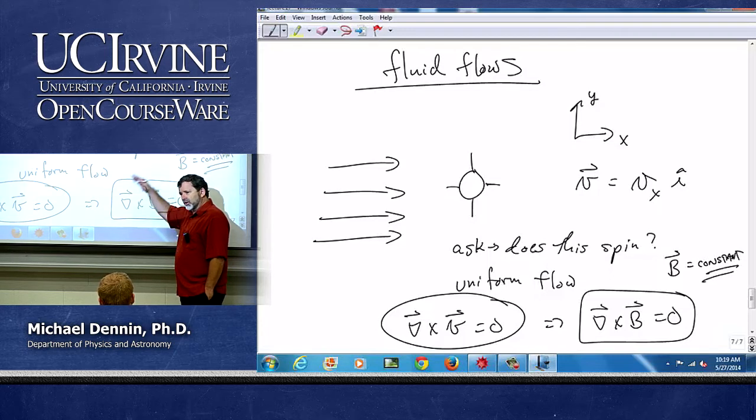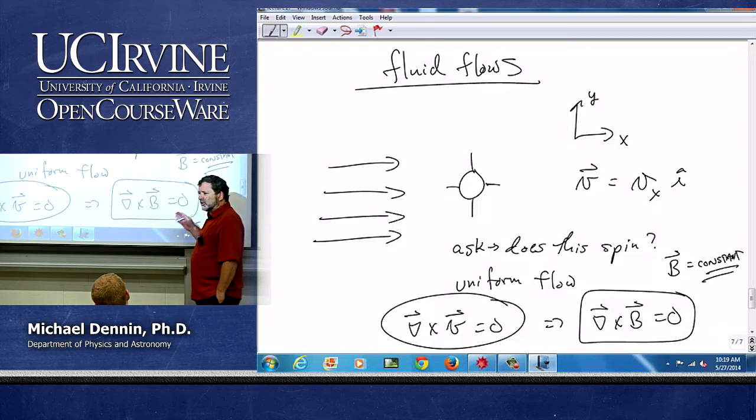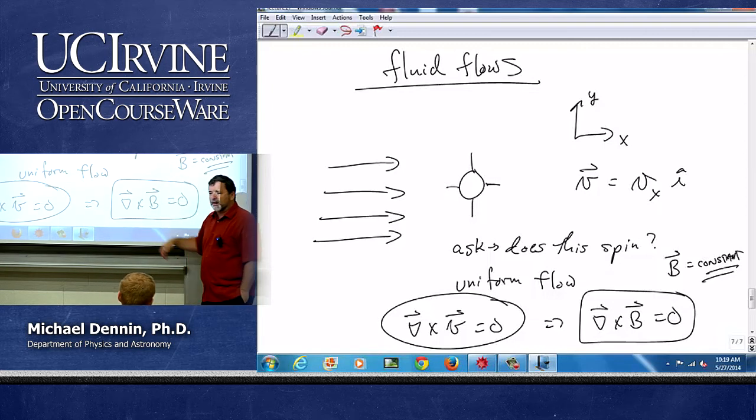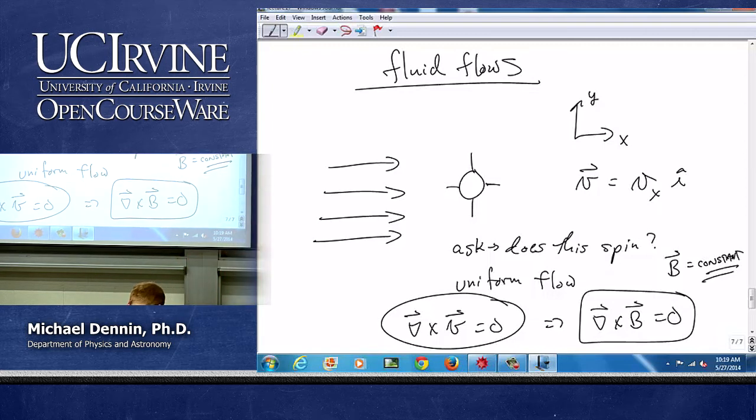Because we just learned that the curl of B being 0 is related to the type of current being enclosed. So you have to manufacture a special current distribution to get a constant B field that has a 0 curl.